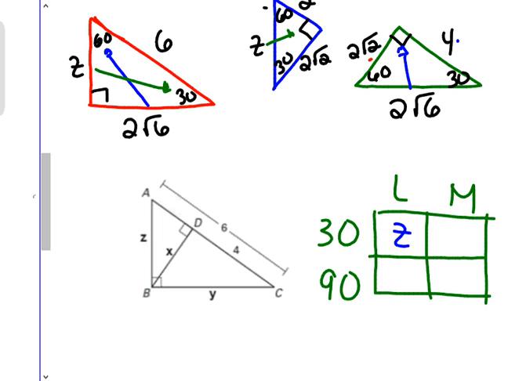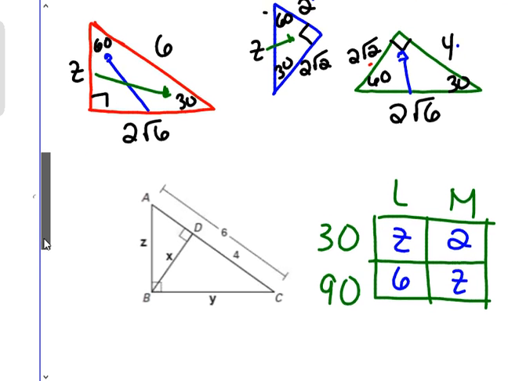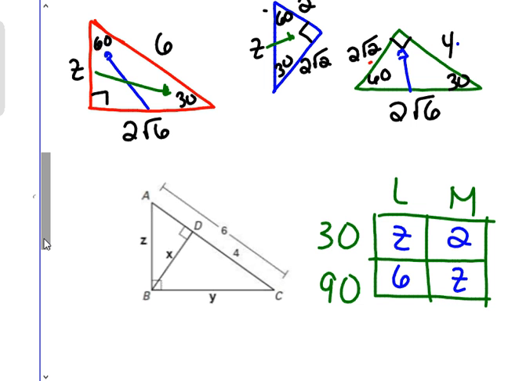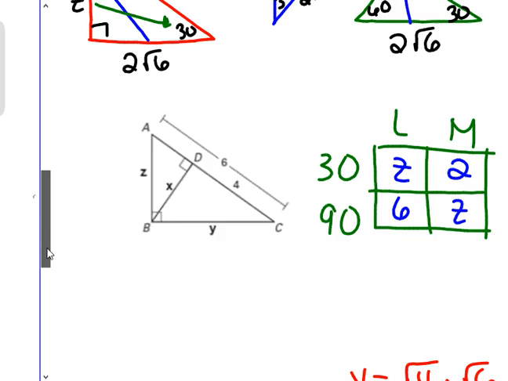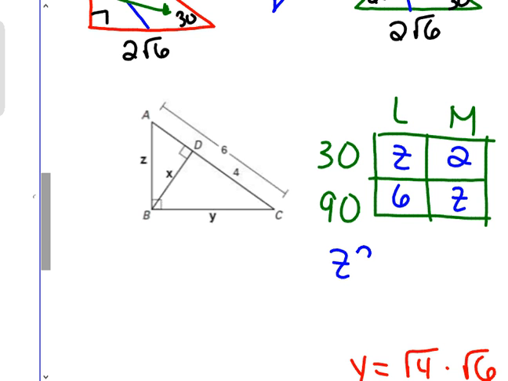We have a z, we have a 6, we have a 2, and a z. Is that 2? Yeah, that's 2. All right, so we have z squared equals 12.